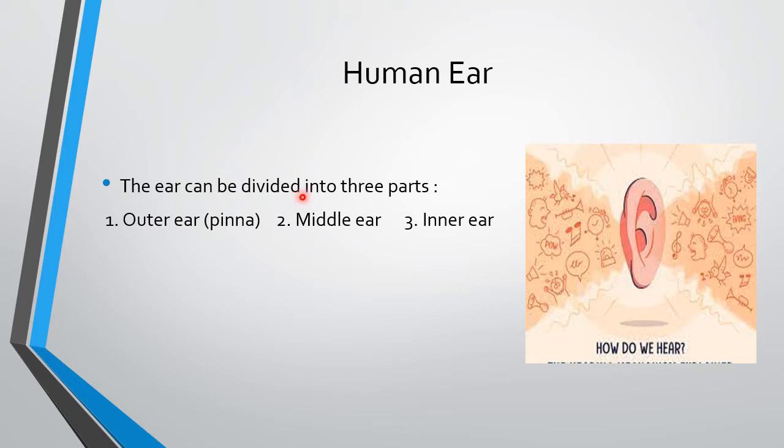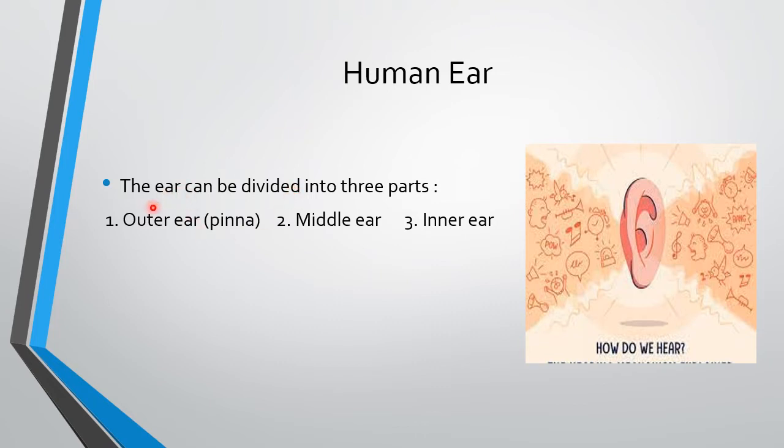In a similar way, when the sound waves fall on the eardrum, it also vibrates, and this is how the sound waves reach the brain through the internal ear, and the brain interprets the sound and tries to distinguish between the different sounds.